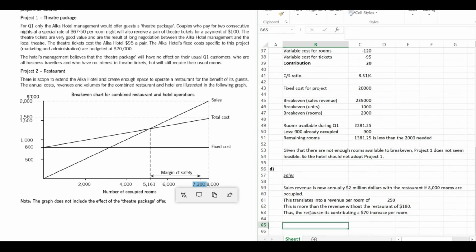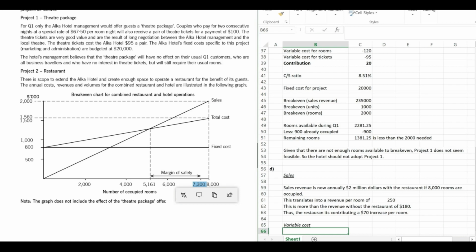Okay, let's move on to the variable cost. So remember, this is a traditional break-even graph. Why? Because there's no variable cost line. Instead, there's just the total cost. But the variable cost can be simply found by taking the difference between the fixed and the total cost.